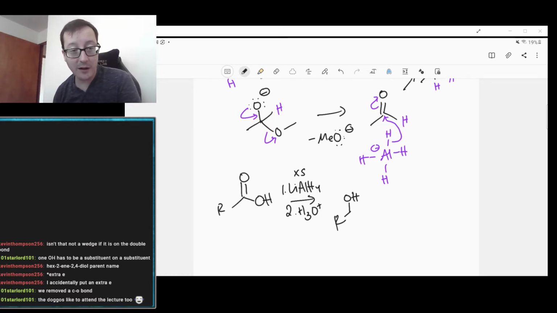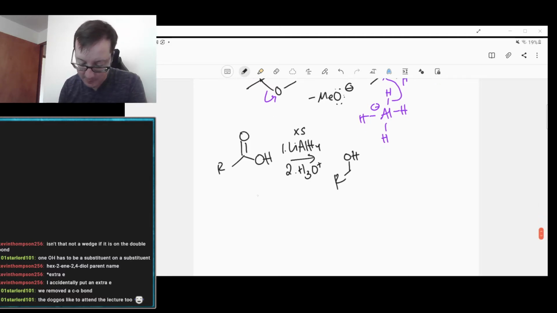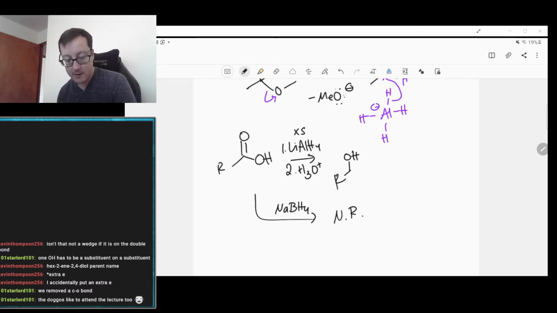So you can do this with carboxylic acids as well. If you try a carboxylic acid with sodium borohydride, no reaction. So you need the stronger reducing agent to get the carboxylic acid or the ester to react.